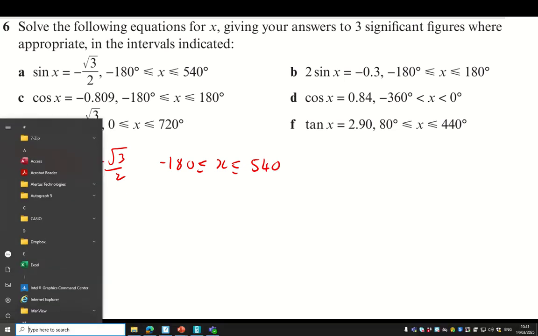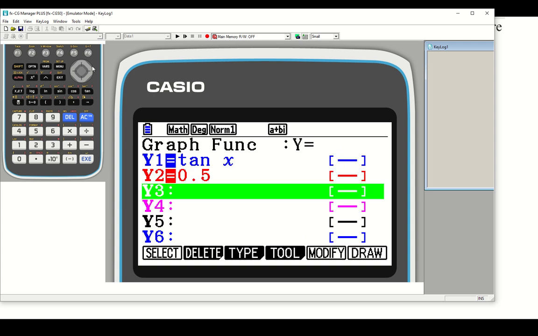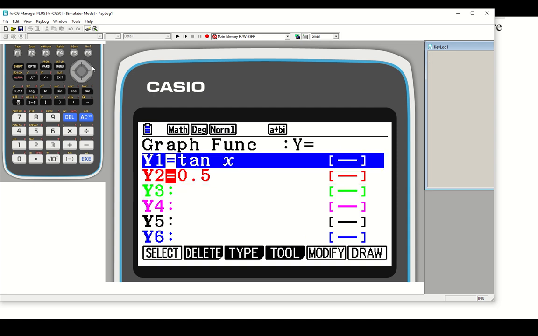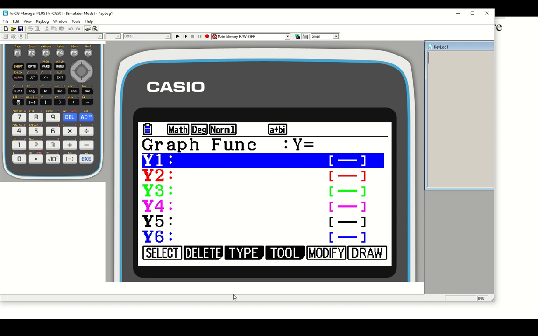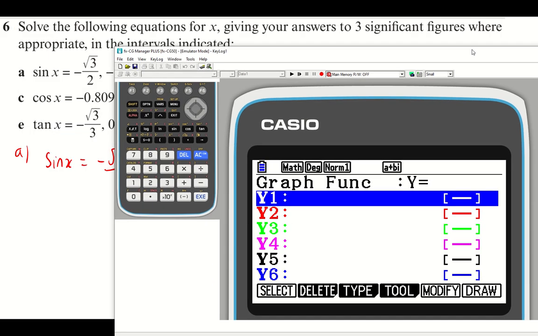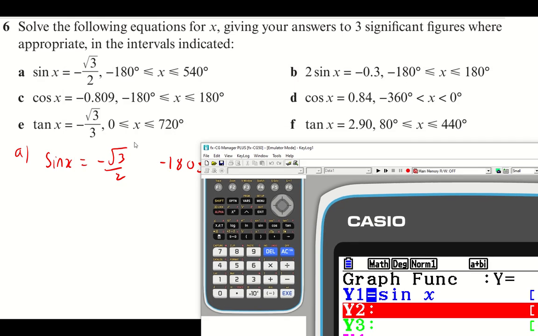Okay. So if we grab our CG50, I've already been doing some stuff on it. Let's delete these out of the way. Something worth checking early on is that you are in degrees. Obviously I'm here. So y1 we'll put sin x, and in y2 we'll put the number it equals.